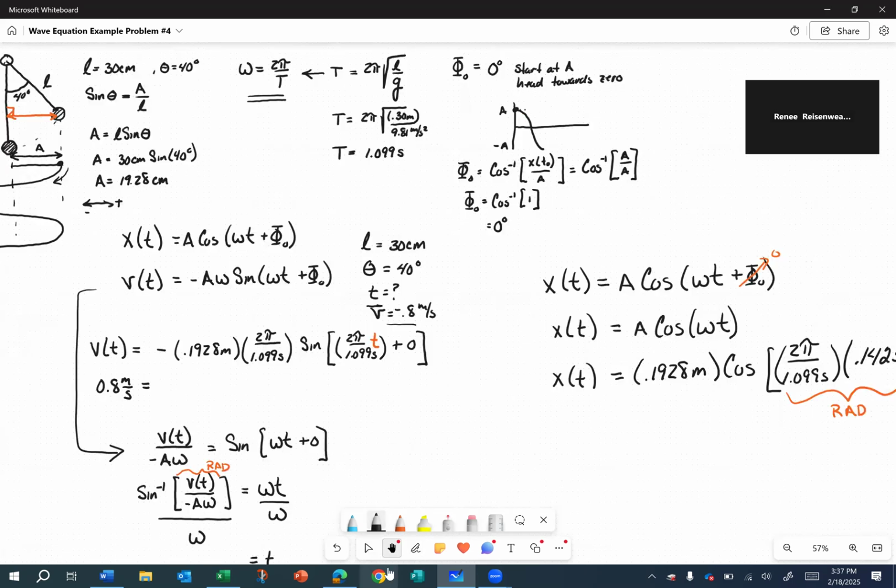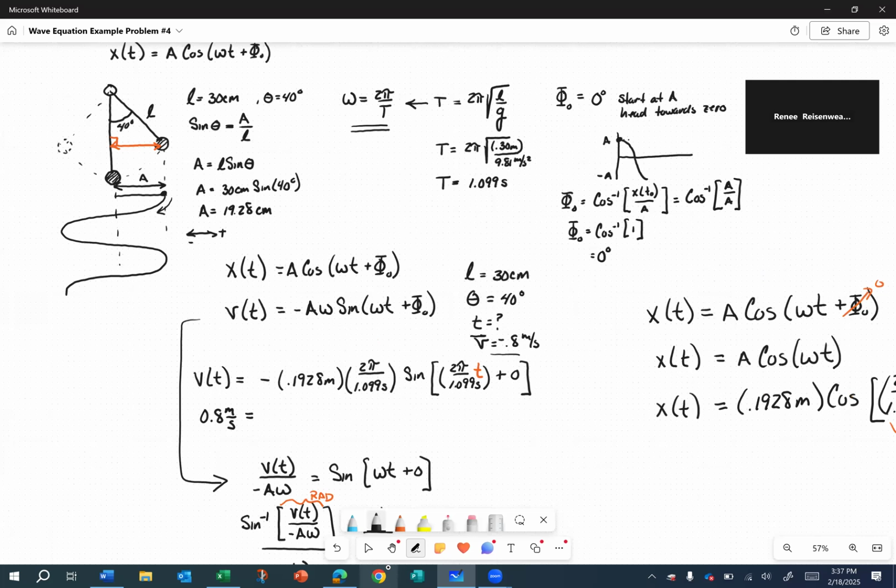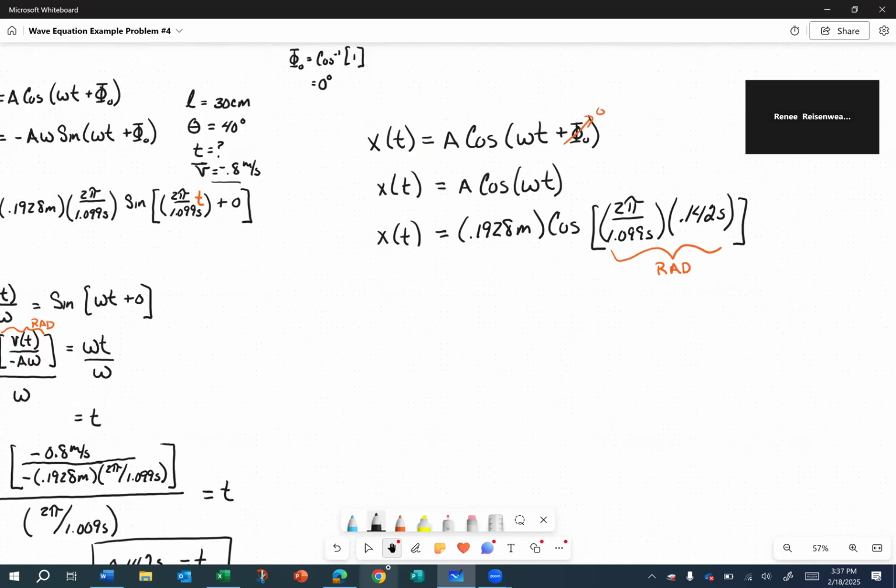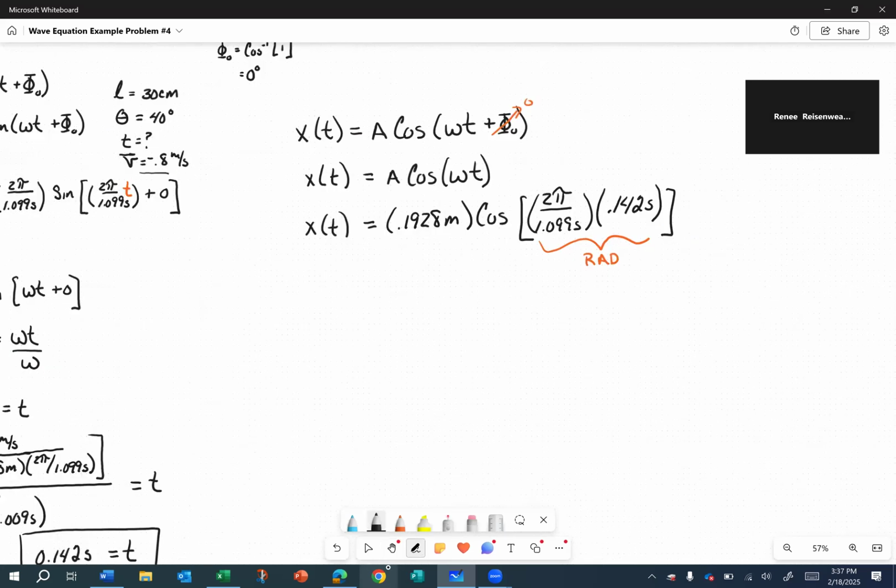Up here, we would want that to be in degree mode because we did use the angle of 40 degrees, whereas in the wave equation, we are using radian mode. So plugging in our numbers, we get our position x of t to be 0.133 meters.